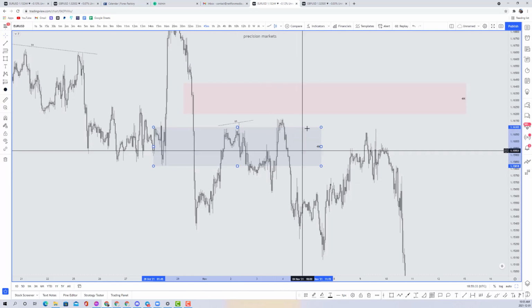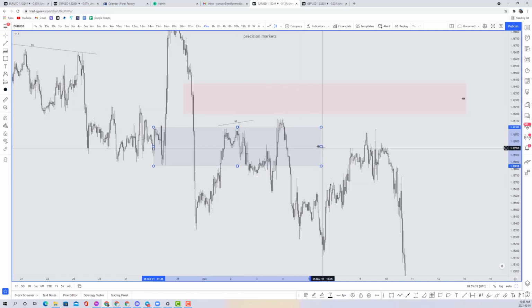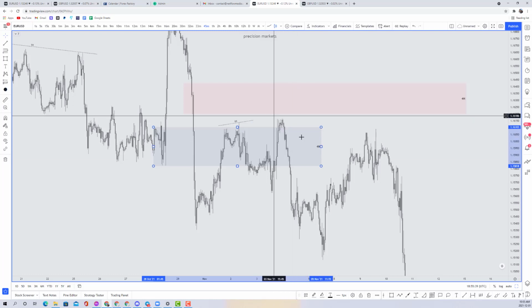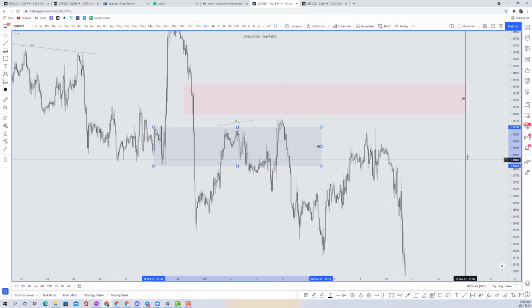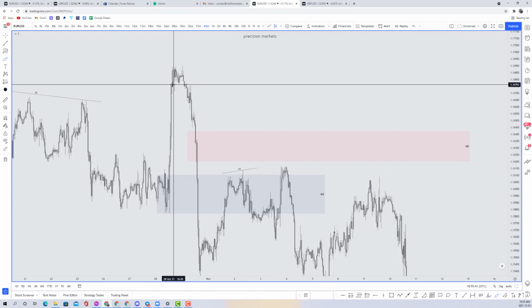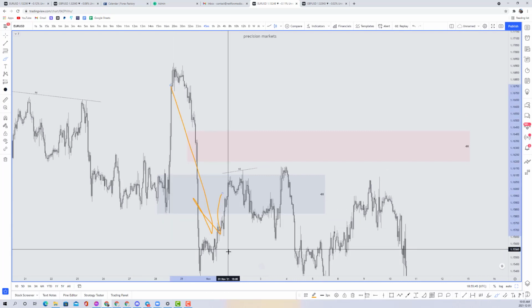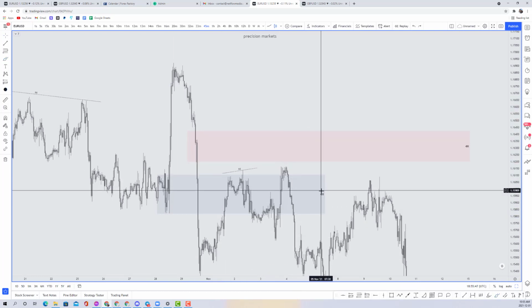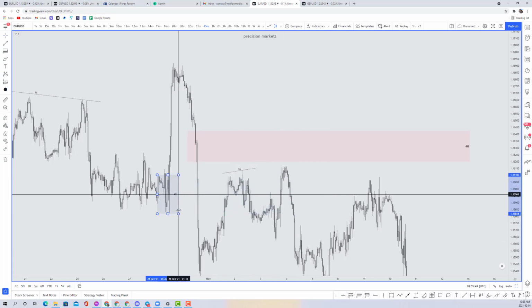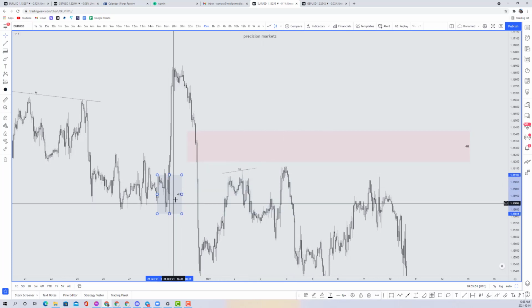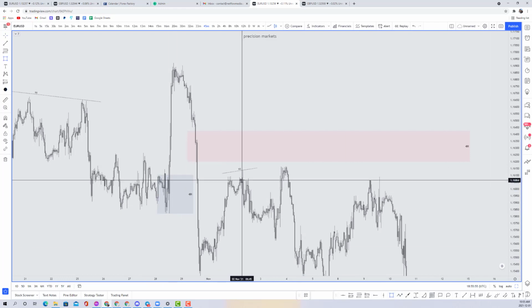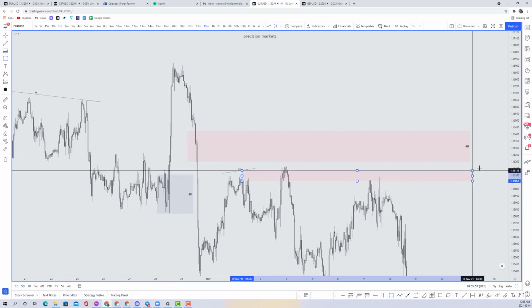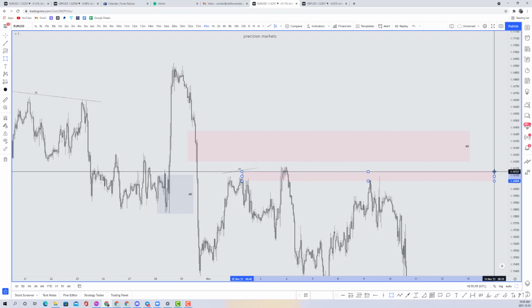We did end up closing above it here, which might have given some of us the idea that we should start buying, but you're going to go back to it is bearish here. And ultimately, what you would start looking at is, okay, my POI didn't get tapped here. This breaker's clearly holding. And at this point, I would start looking at basing trades off here.